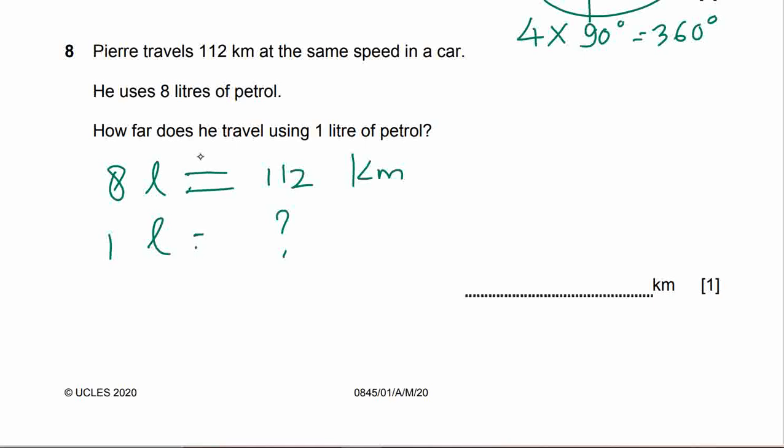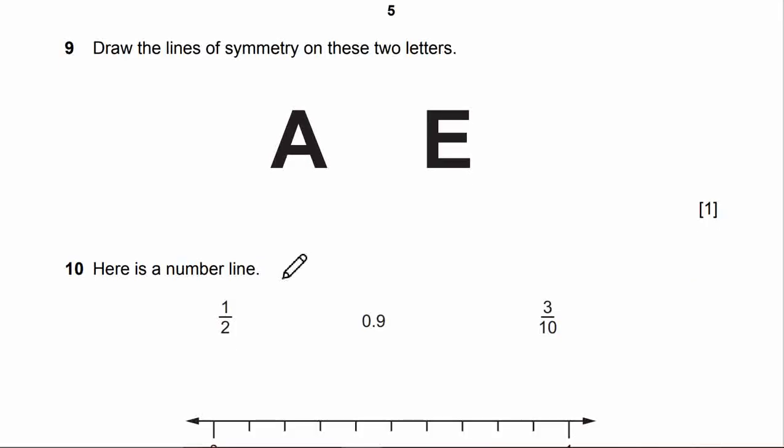So 1 unit equals, we just have to divide 112 divided by 8 equals 4. So it's 4 kilometers.